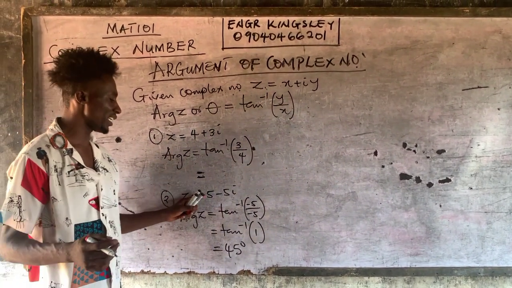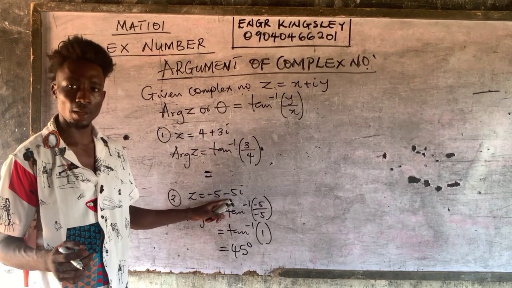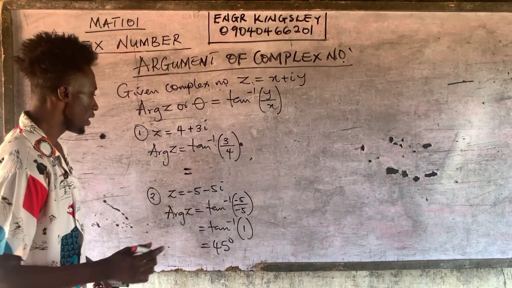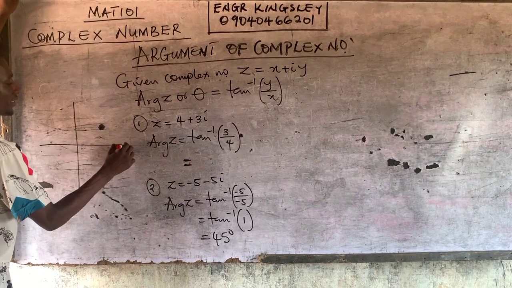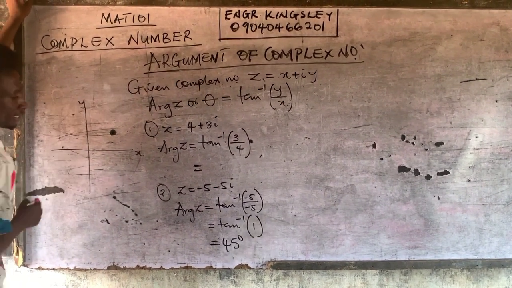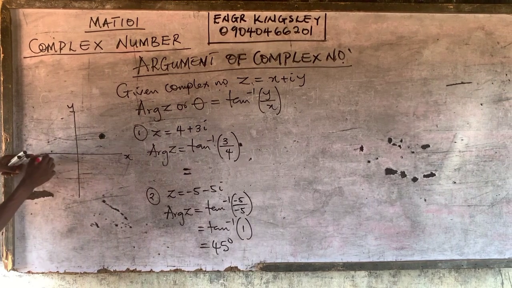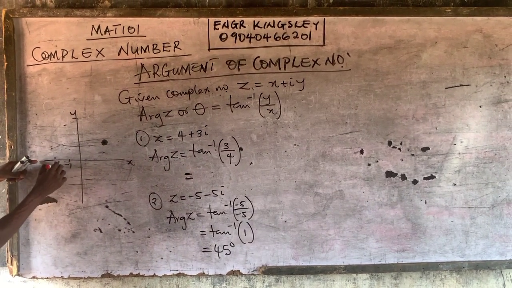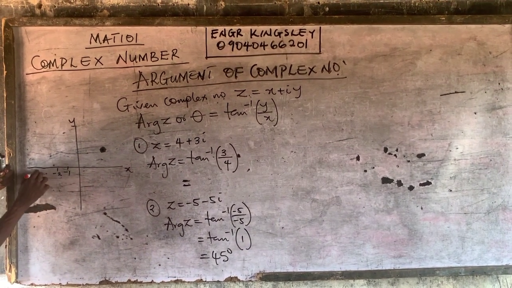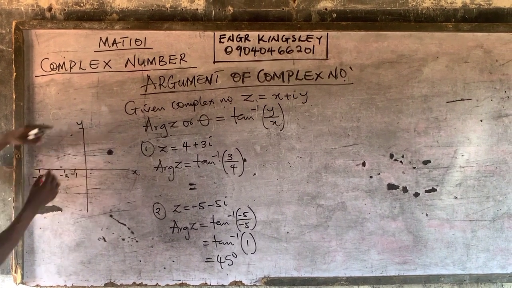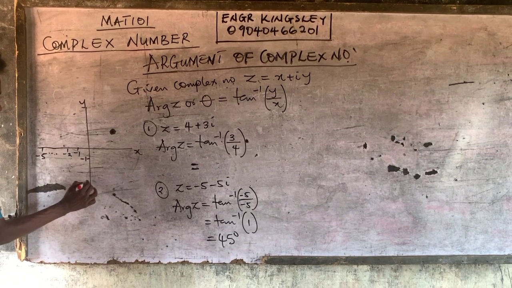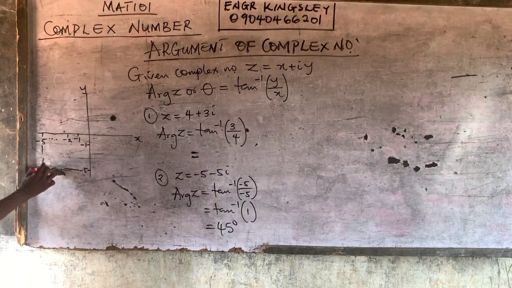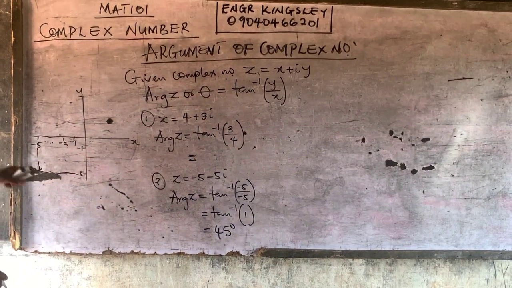Why? Because the graph of this complex number does not fall in the first quadrant. If you graph this complex number, you discover that x is minus 5, which is minus 1, minus 2, dot dot dot, minus 5 here, and the negative imaginary is minus 1, minus 2, dot dot dot, minus 5, somewhere here. So both of them are meeting in the third quadrant.